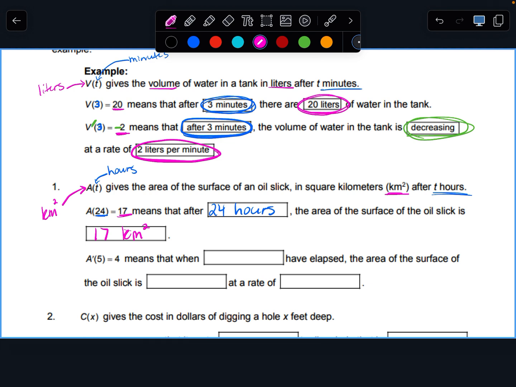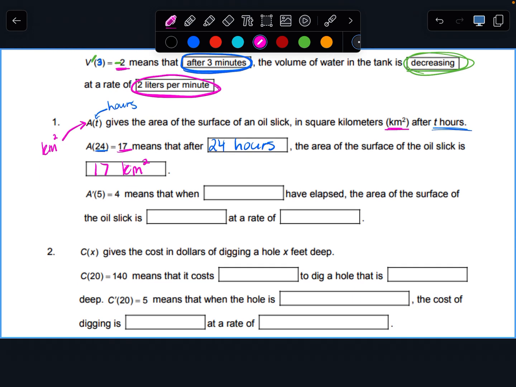Now for the derivative, that's where you want to make sure you're using that derivative word, decreasing, increasing. So for this one, again, this is still time, that hasn't changed. You're going to say it means that when 5, and then look at the unit, hours, have elapsed, the area of the surface of the oil slick is, now we're doing a derivative, so we have to include a derivative word.